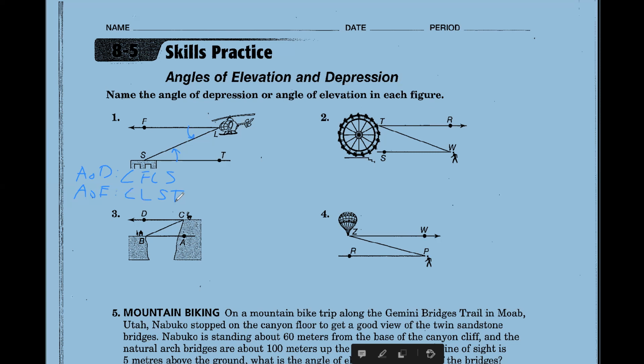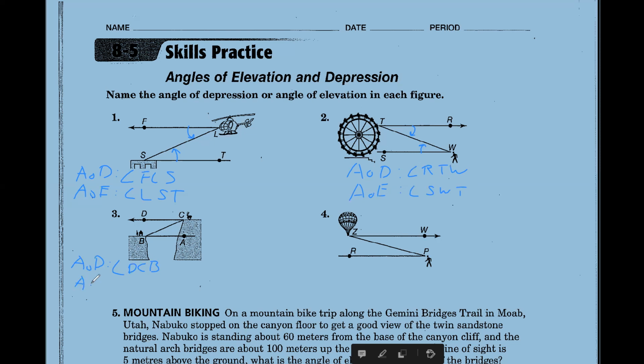On number 2, we have ourselves a Ferris wheel. Again, angle of depression going down from a horizontal. So what's the angle of depression here? R2W. Angle of elevation, SWT. On number 3, angle of depression, ECB works.